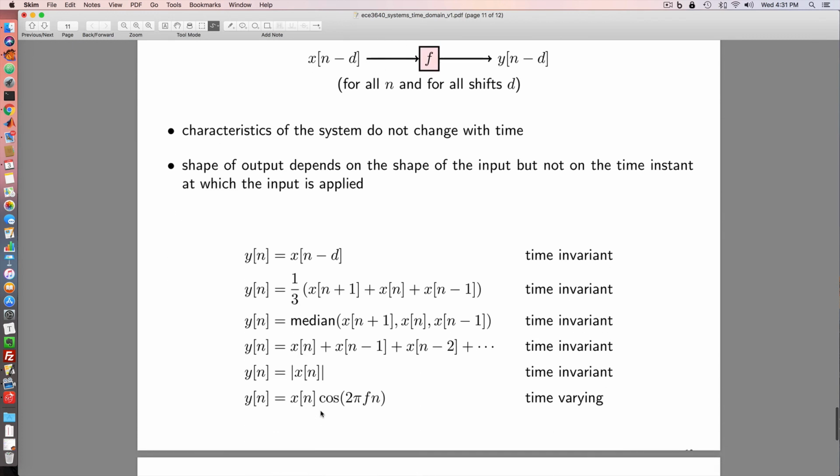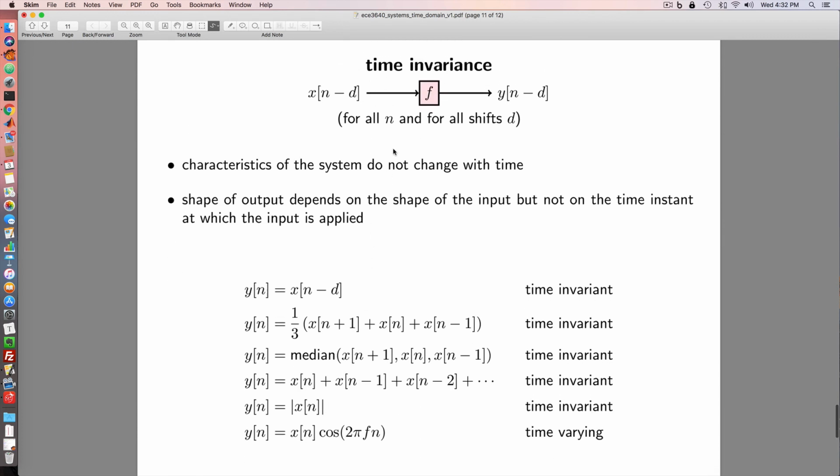Let's move on. The fourth property is time invariance. Essentially, I'm using a picture to replace the definition. The definition is that if you delay the input, then the output has a corresponding delay. This property has to be true for all n, which is the time index, and for all possible delays d.